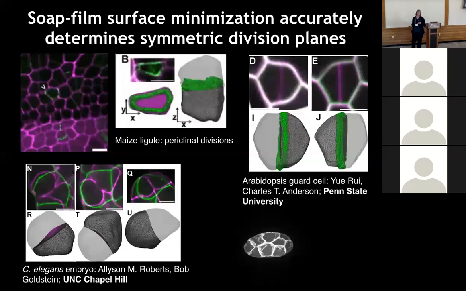He studies C. elegans embryo development. In symmetrically dividing C. elegans embryo cells, you can see that we get good soap film minimization for these cells also, and these are the global minima. So it's a kind of universal-ish mechanism of dividing a cell.